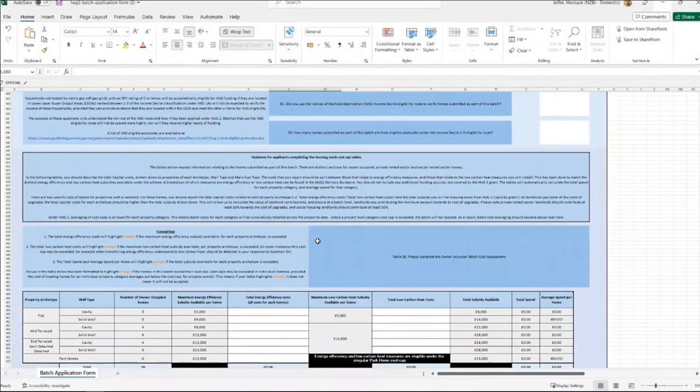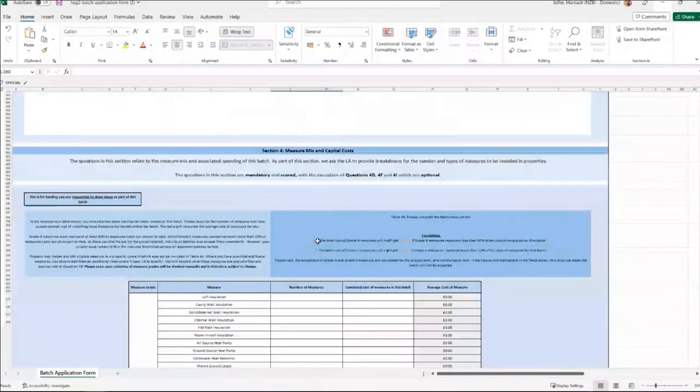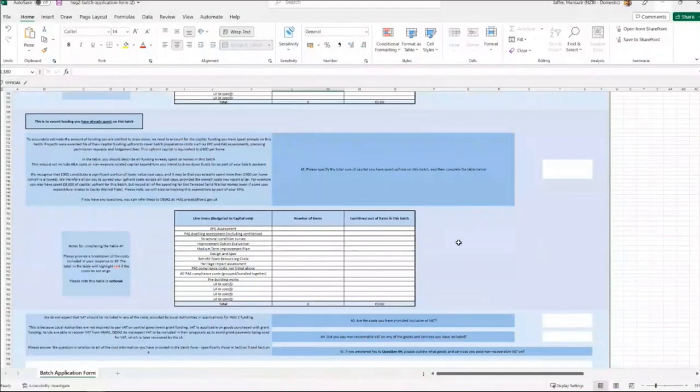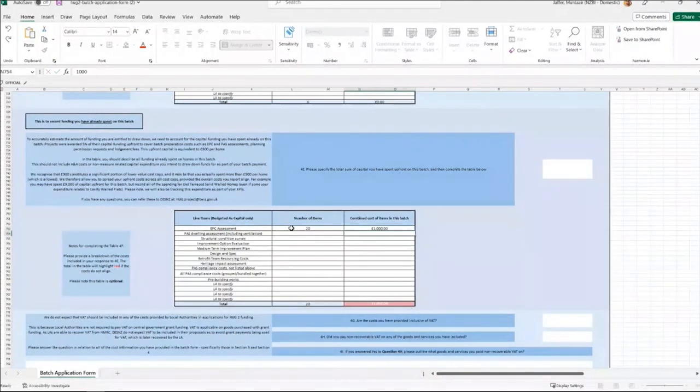The first thing we would do is we would go down and fill in the static costs that we know that we have. So that's EPC assessments, PAS dwelling assessments, and the pre-building works that we said that we needed. If you want to open the slides alongside this, you can do. So we know that we have 20 EPC assessments that are required at £1,000.